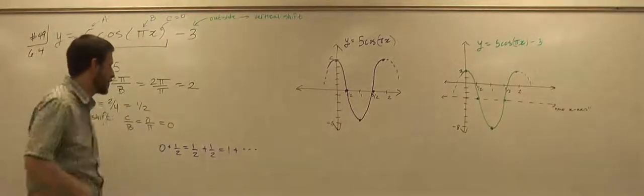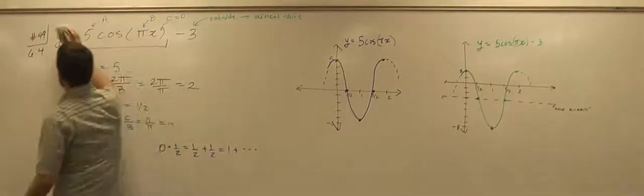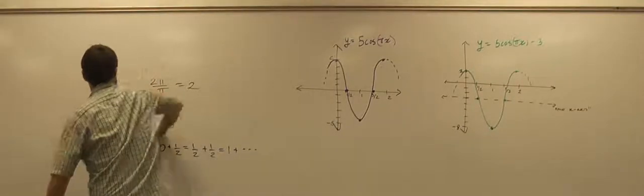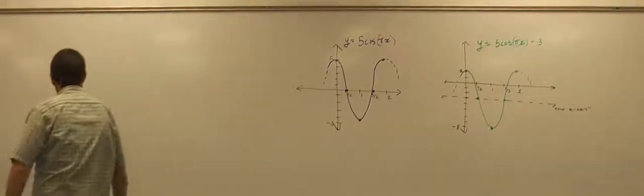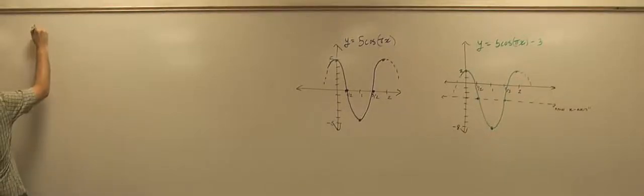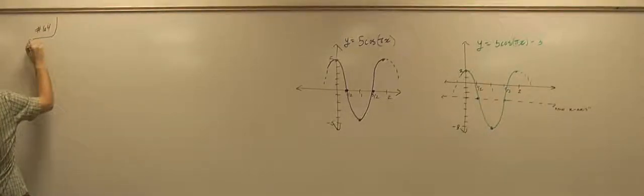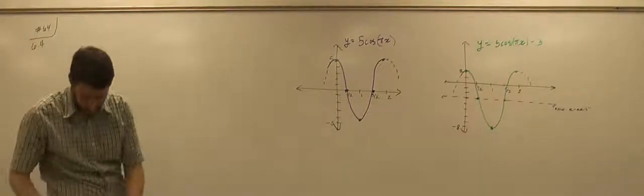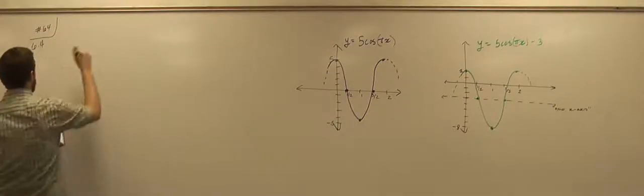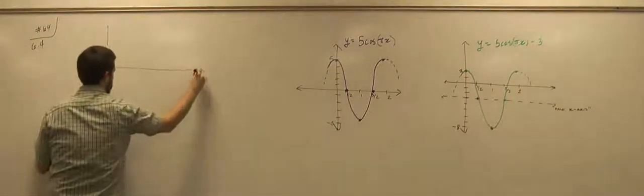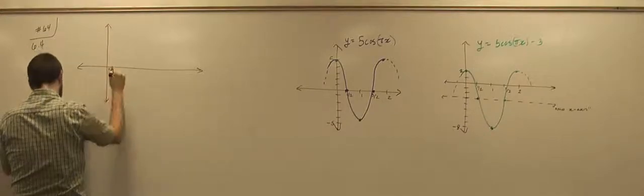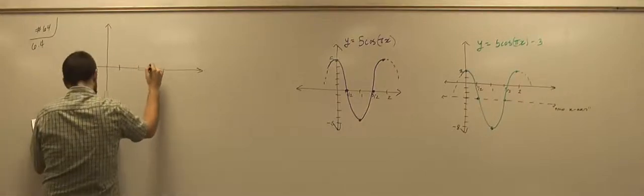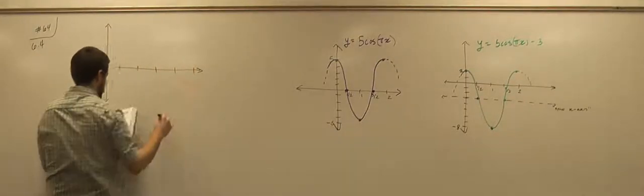All right, let's look at 6.4. Let's turn to it. This is in 6.4 again. So they draw you a graph here. Tick marks at negative 4 pi, negative 2 pi, 2 pi, 4 pi, 6 pi, 8 pi, 10 pi.